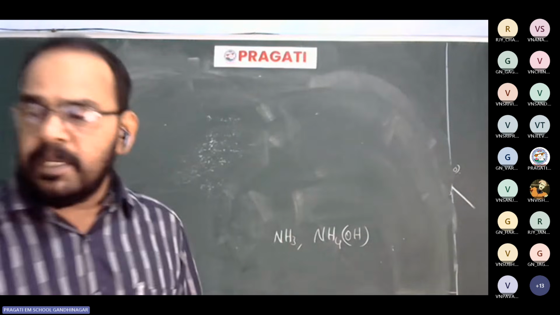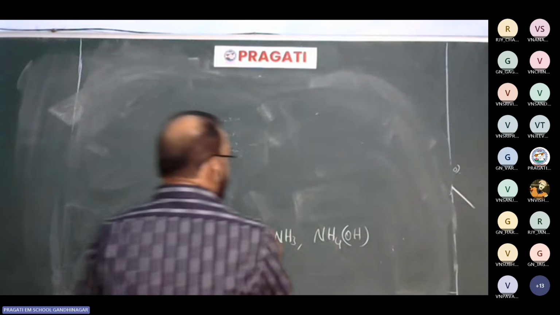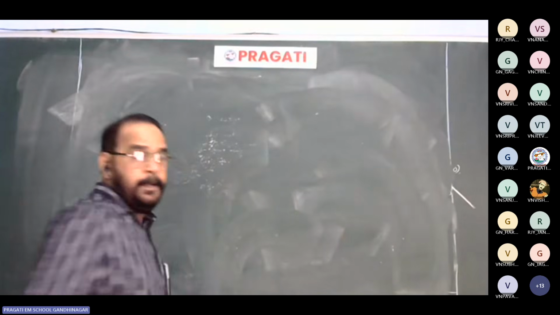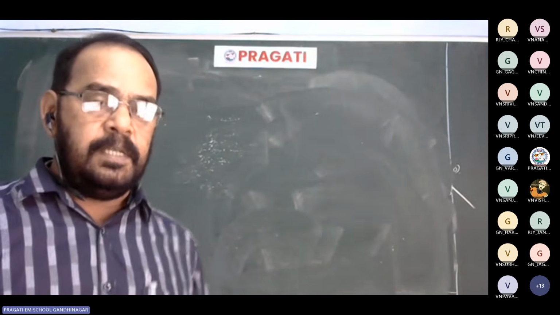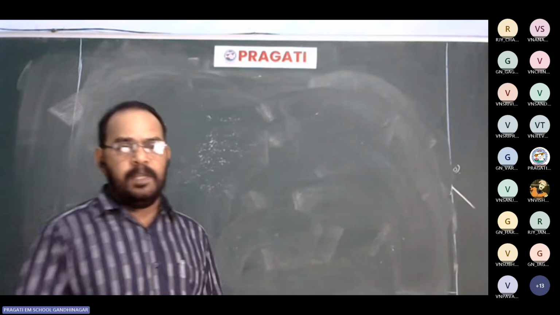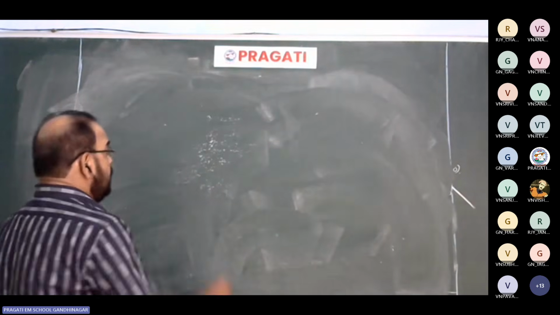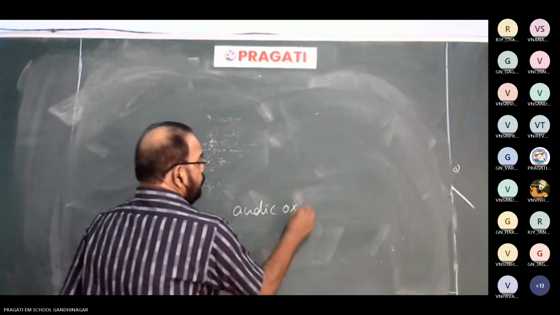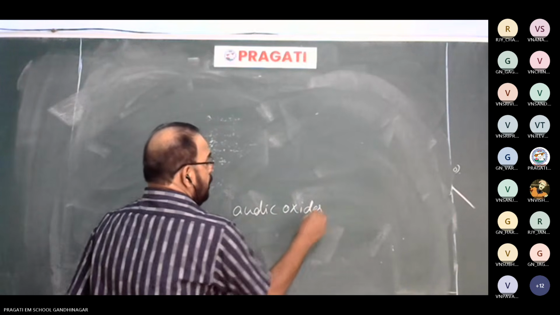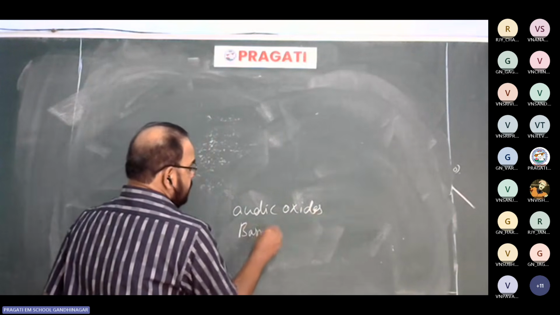Again, in the 1 mark section, you get different examples, right? Some examples we discussed yesterday: strong acid, strong base, weak acid. Next, acidic oxides, basic oxides.